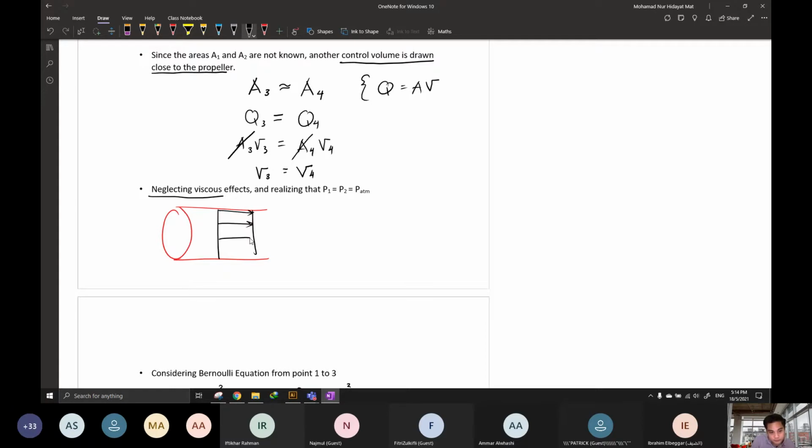Uniform flow. Okay, this is versus, okay, viscous effect. What do you think when we have viscous effect? Due to this viscous at the wall layer, we have the velocity profile like this.